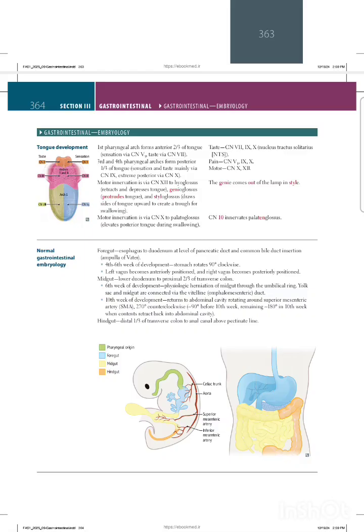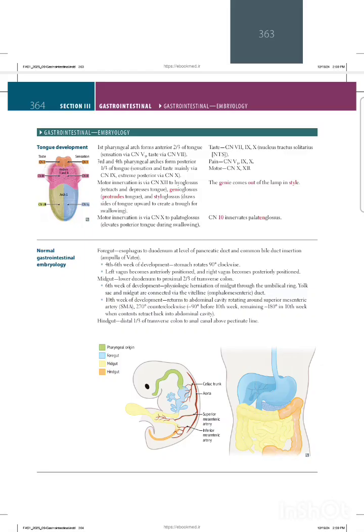Then after foregut we have midgut, which is lower duodenum to proximal two-thirds of the transverse colon. 6th week of development, the herniation of midgut through the umbilical ring will happen, which is physiological.